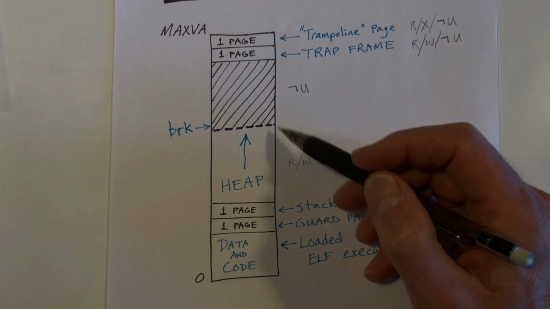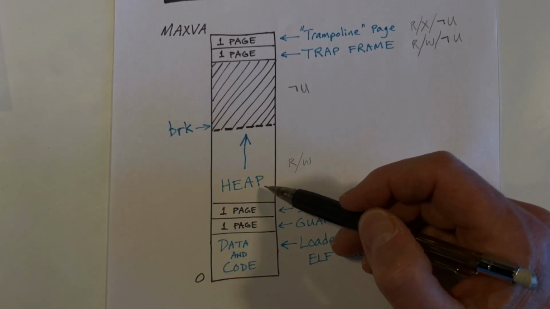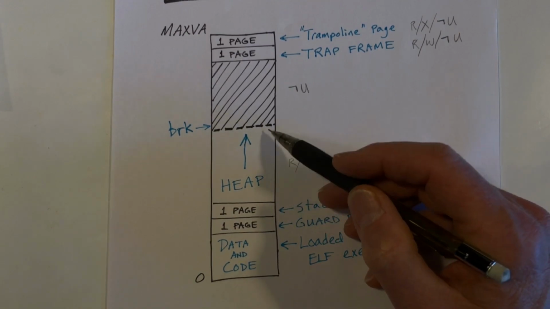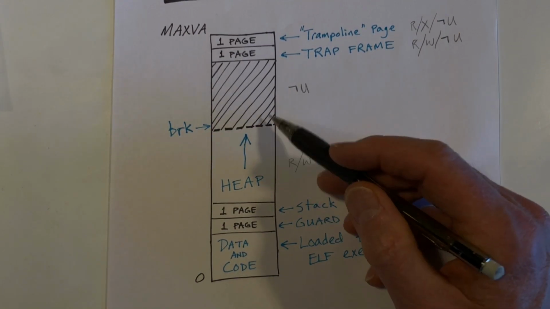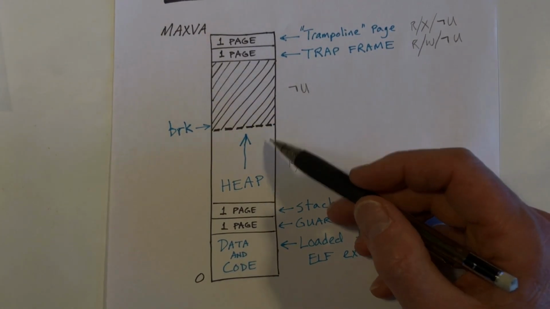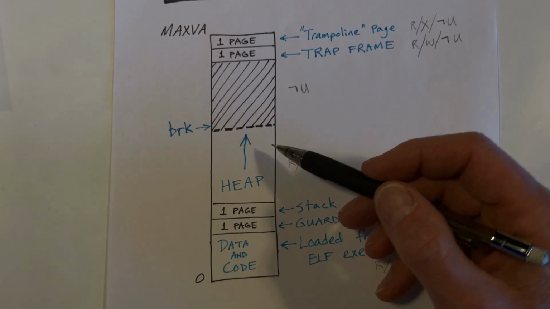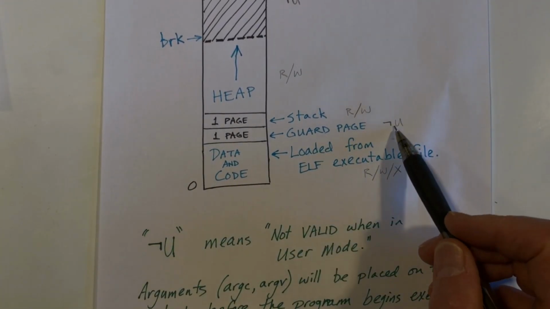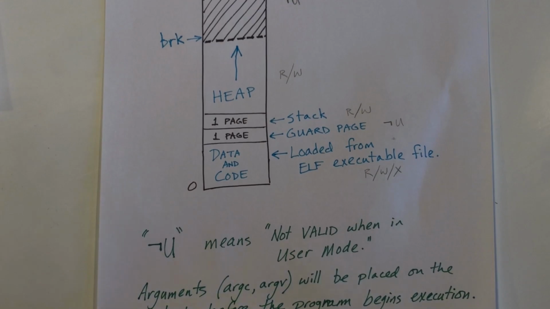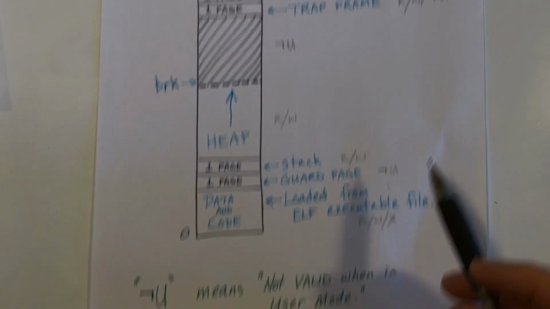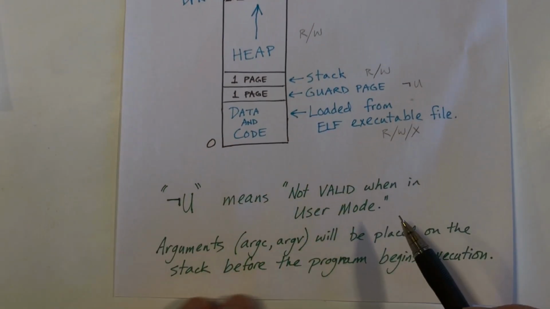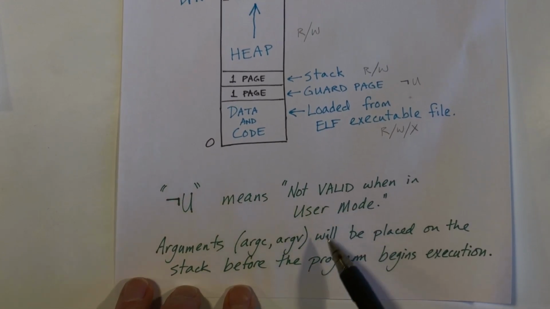In fact, it's free to implement whatever complex garbage collection algorithm it wants to. But it just has this memory that can be grown here to accommodate its memory needs. So I mentioned that this not U here means that the guard page is not valid when it's accessed in user mode. Likewise, the trampoline and trap frame pages are not accessible in user mode.